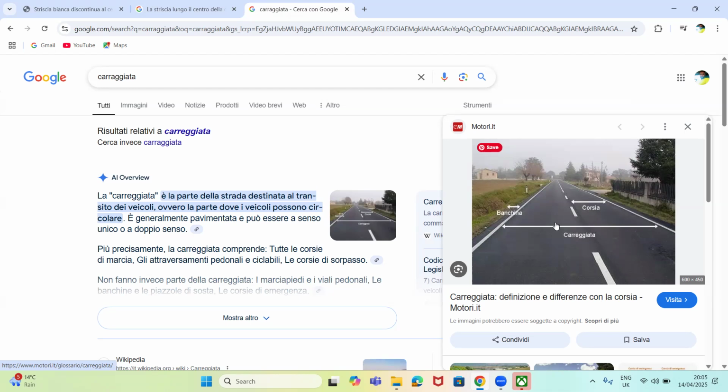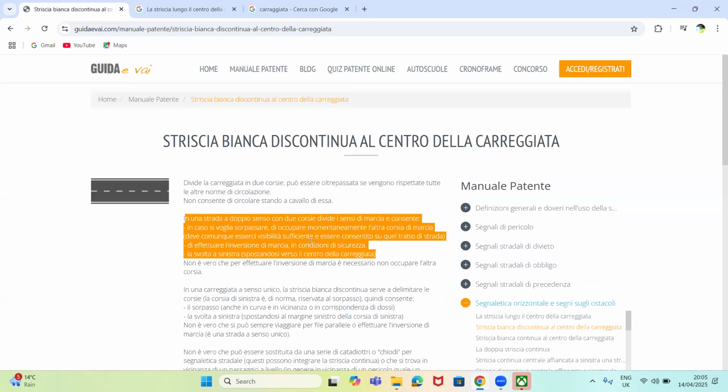Because for the examiner, this road is a doppio senso di circolazione, because they mention it there: in una strada a doppio senso di circolazione, con la linea discontinua che divide i due sensi di marcia. Now, the first thing they wrote here is: in a case you want to overtake. Like I said before, only three questions they wrote here.